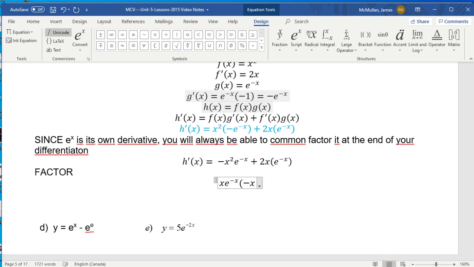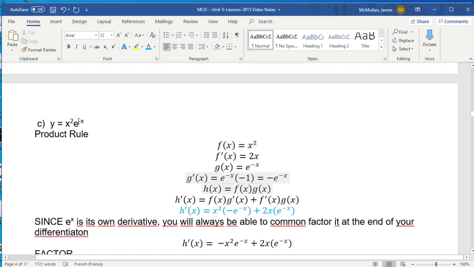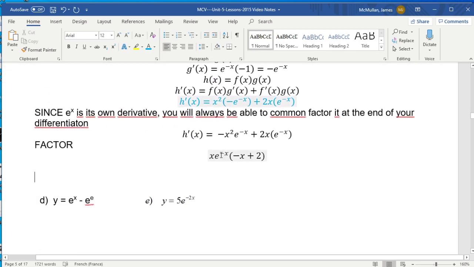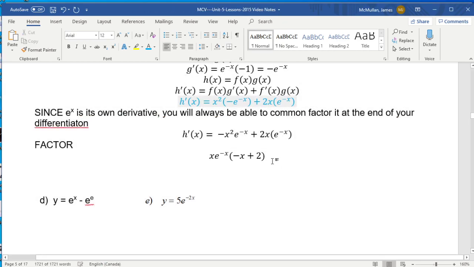There would be a negative x left of the first term, and there'd be a 2 left of the second term. Now look at this and tell me how easy this is to now find the minimums and maximums on the original question. We know that there's going to be a critical point when x is 0. There's going to be a critical point when x is 2. Now again, this is not what we're doing today. I just want you to think ahead. We're not solving anything today.